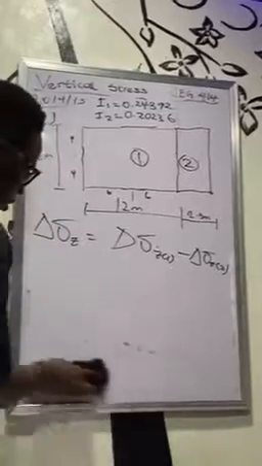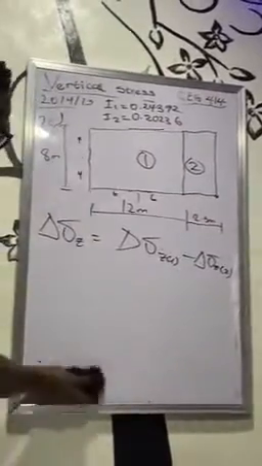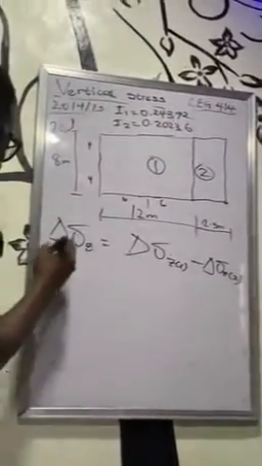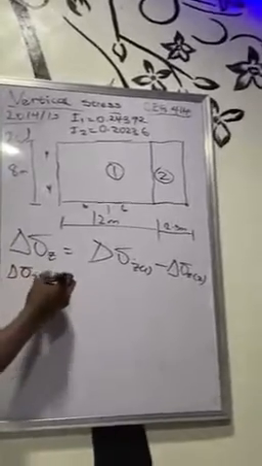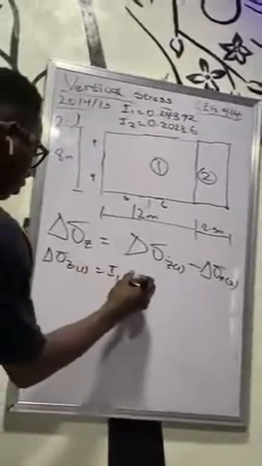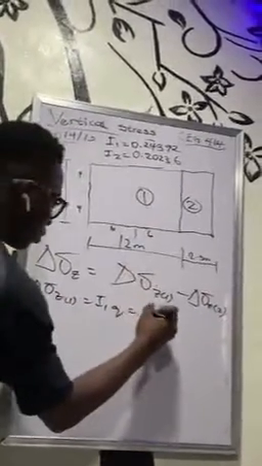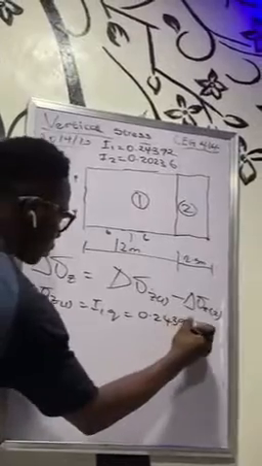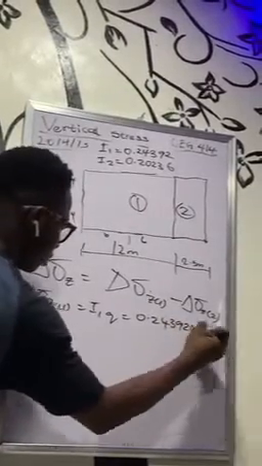So finally, to get my change in total vertical stress, this first one is I1Q, which is 0.24392 times my Q, which is 300.